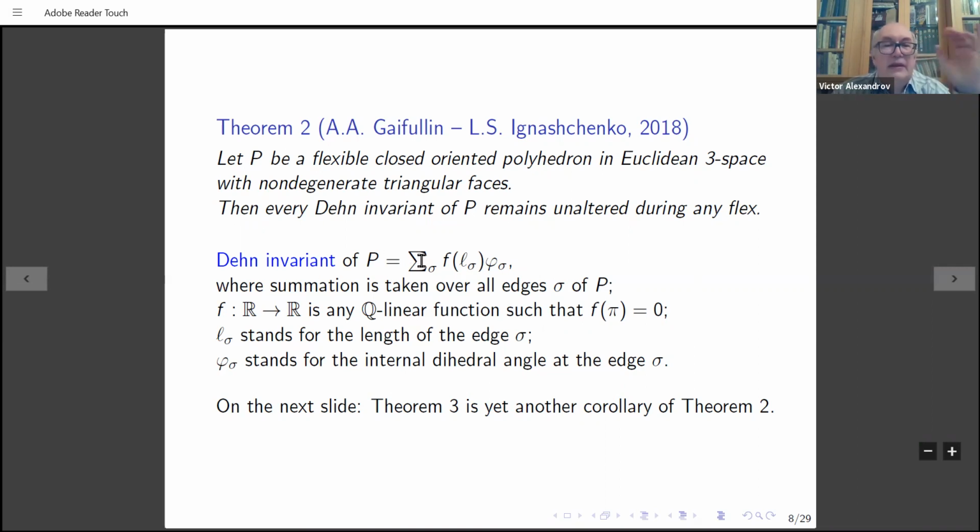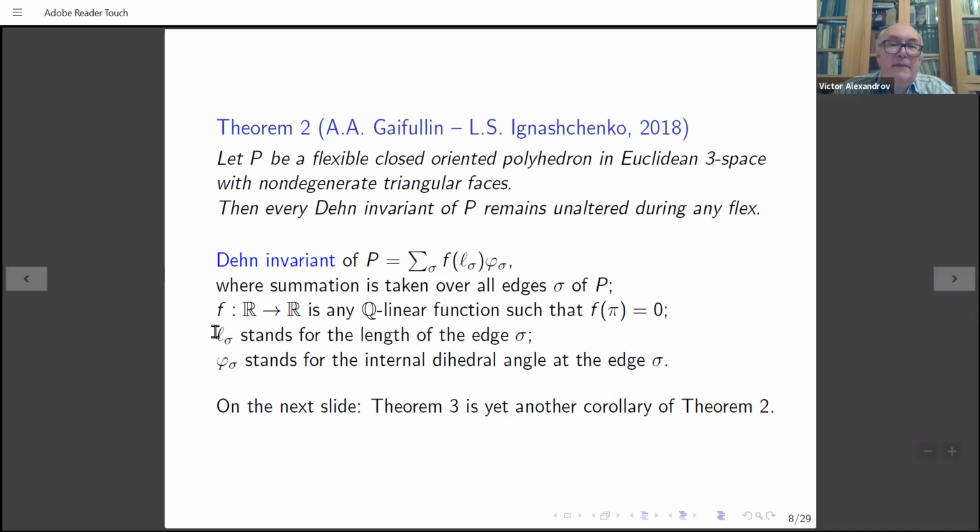So Dehn invariant is the sum calculated over all edges sigma of P. And we should sum the following numbers. What is the first number?